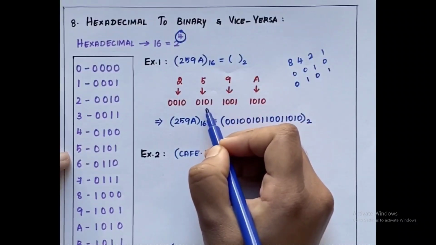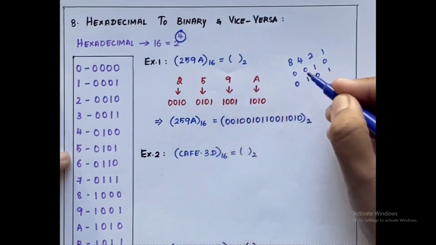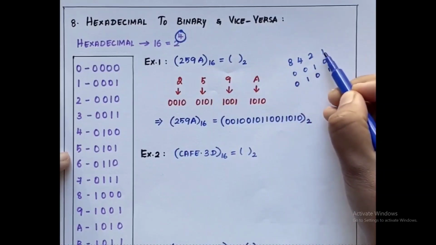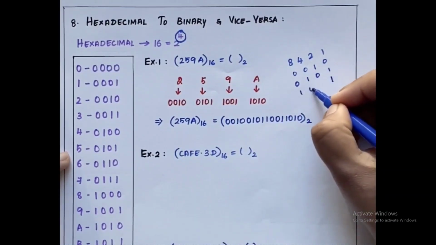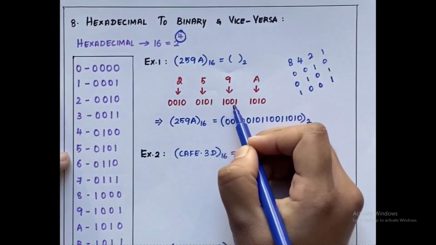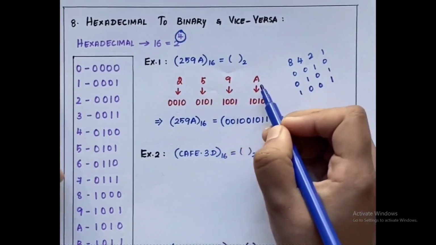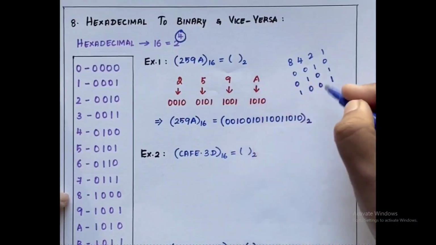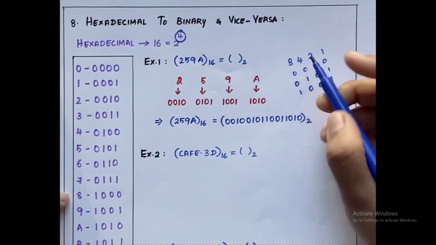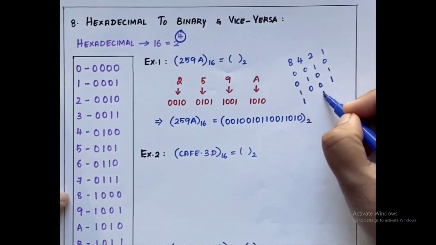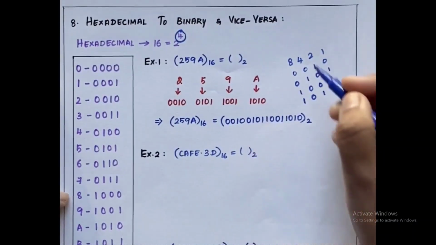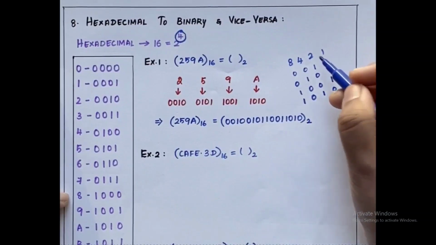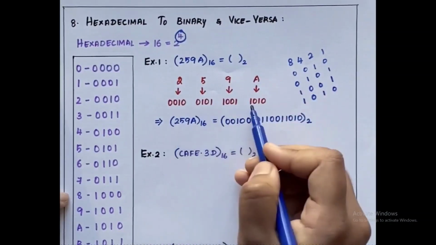Next for 9, it is 8 plus 1, so under 8 and 1 we have the binary 1, and the remaining is 0. So 1001 is the equivalent value for 9. A is 10, which means 8 plus 2 is 10, so under 8 and 2 we have 1 and 1, remaining 0. So 1010 is the equivalent value. To write the equivalent representation, we can use this technique.